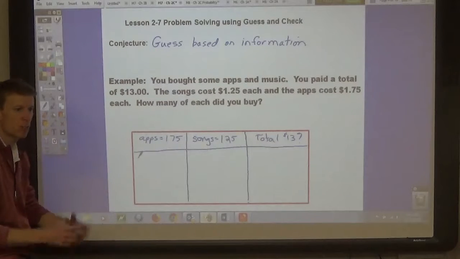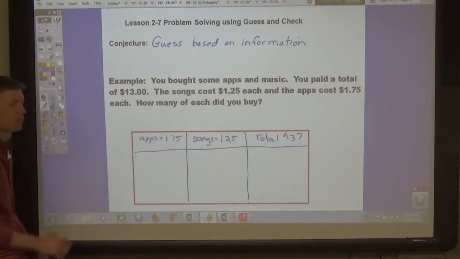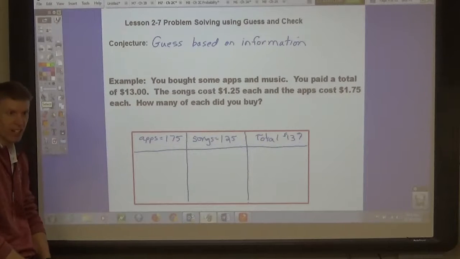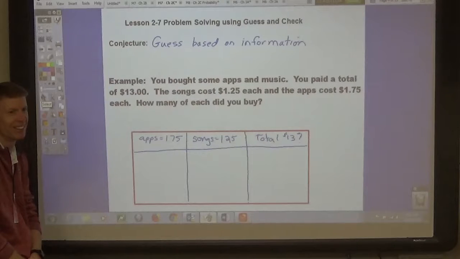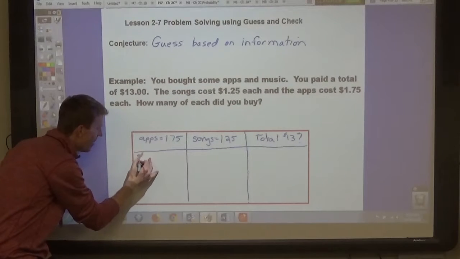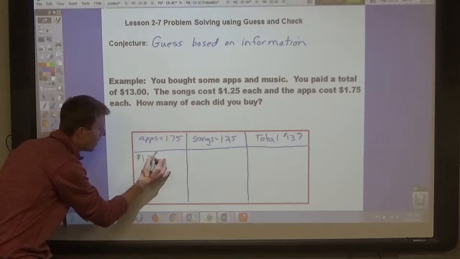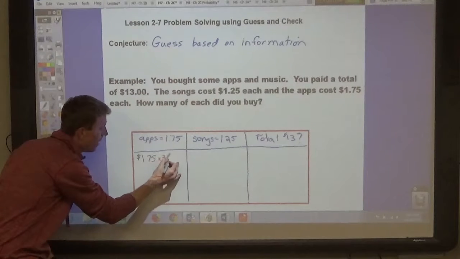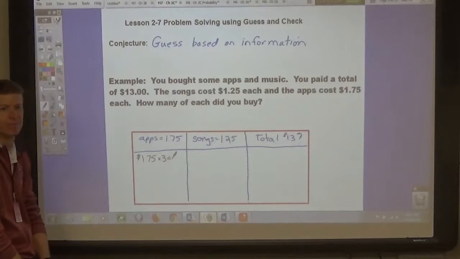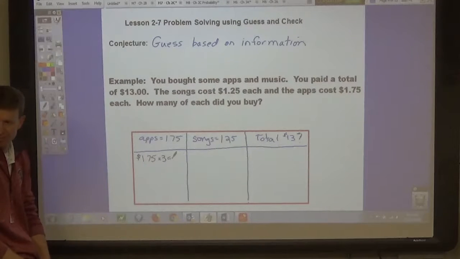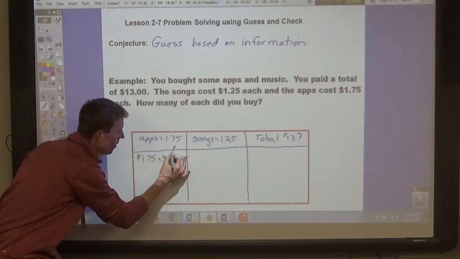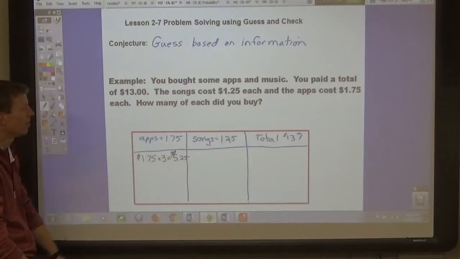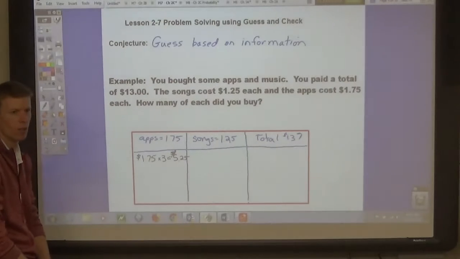How would we figure out how much money we spend on the apps? Use a calculator, but you have to know what to put into the calculator. $1.75 times 3. Good. $1.75 times 3 equals what? $5.25. Okay. So how many songs might that equal?